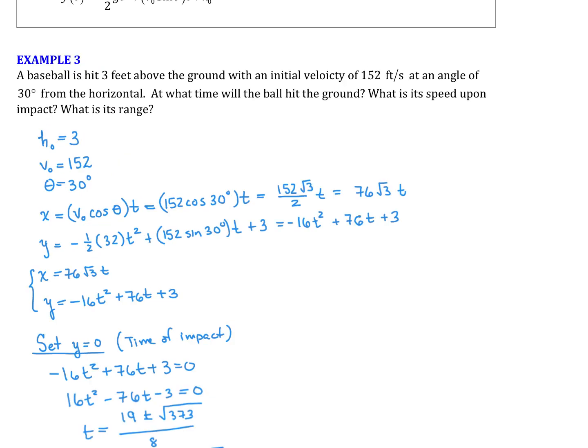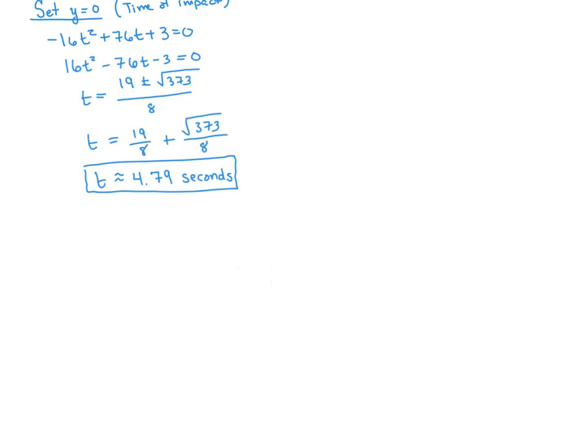Now the next question is, what is the speed upon impact? If we want to find the speed upon impact, let's first find the velocity upon impact. So to find the velocity, we need to find x'(t), which will just be 76√3, and y'(t), which will be -32t + 76.